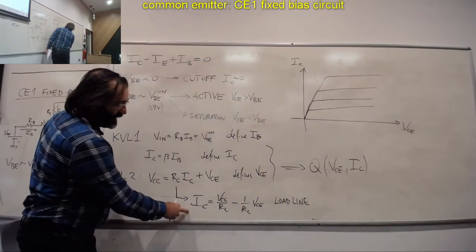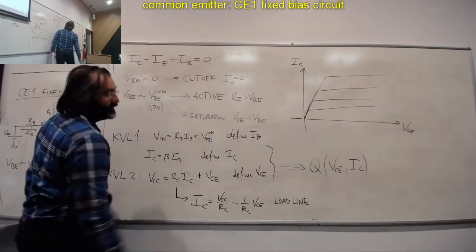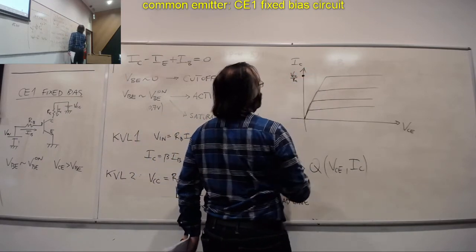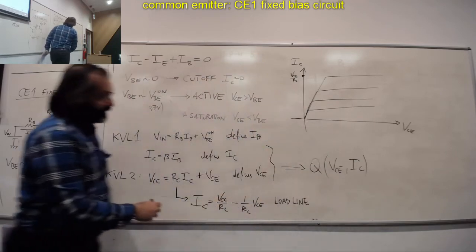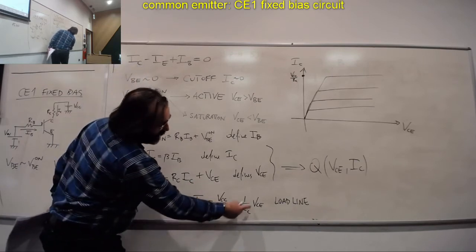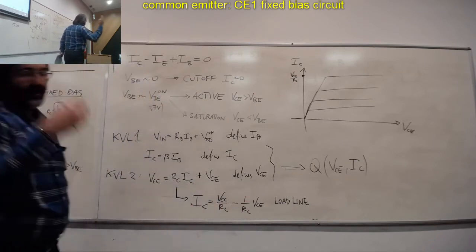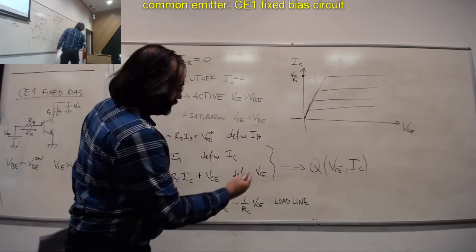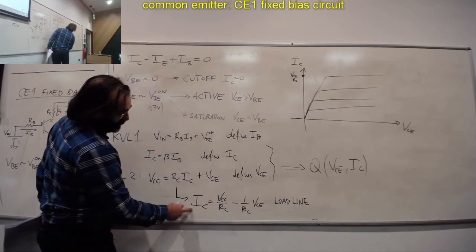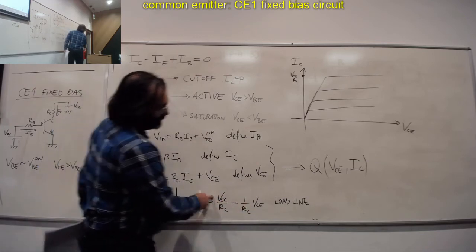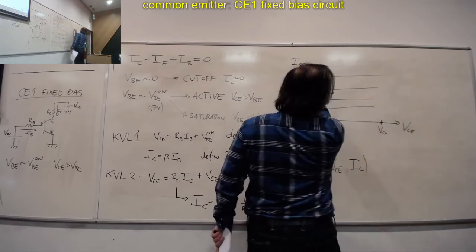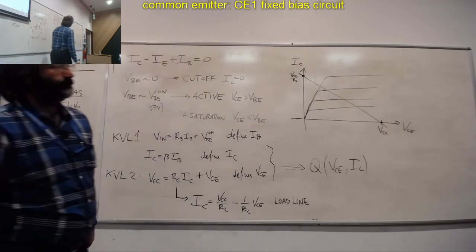The load line says this is the intercept, VCC over RC, a point up here. And you remember what we used to do with the load line: it would be difficult to draw a line with a slope of minus 1 over RC, if we knew RC. The best thing to do is to ask, what is the VCE required so that IC is 0? VCE must be equal to VCC. And so I pick here where VCC is, and now I need only to draw a line. This is the load line.